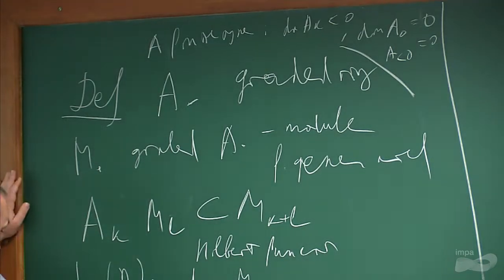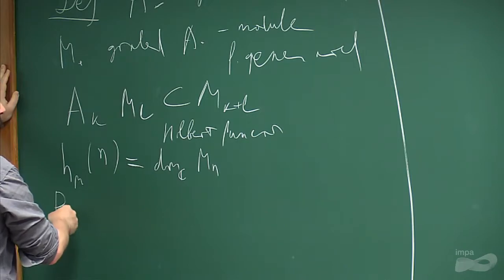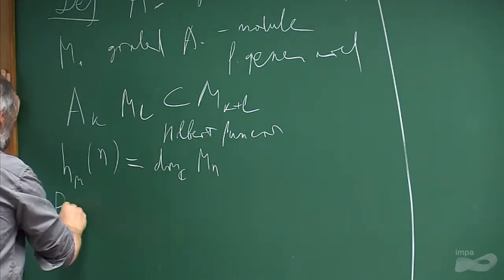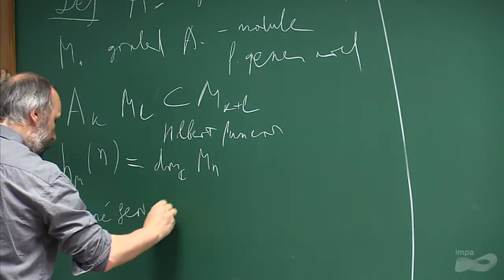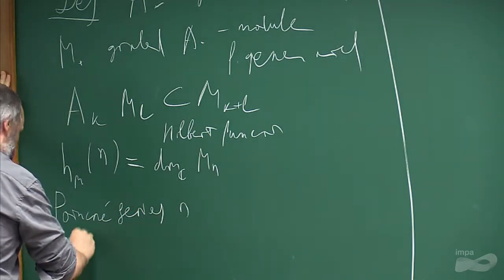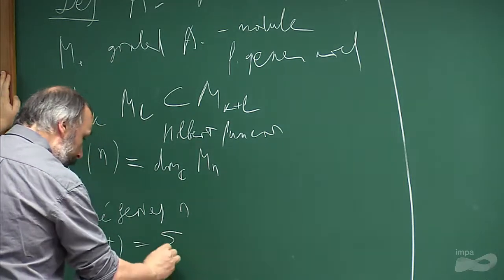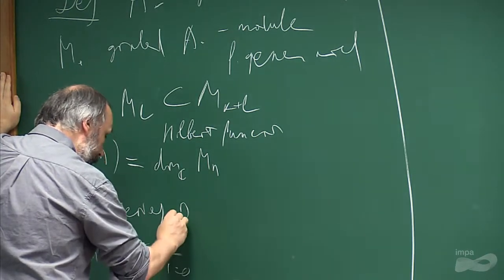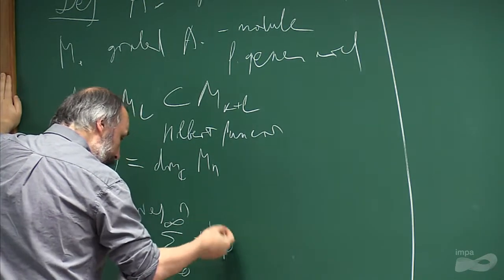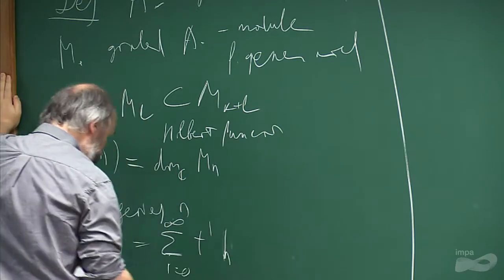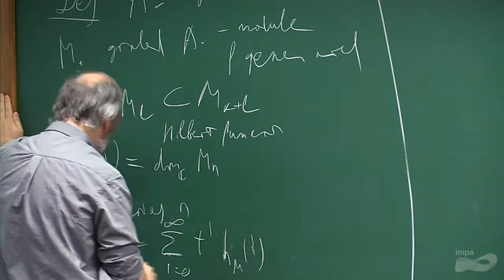Now we define the Poincaré series. So this is the Hilbert function; the Poincaré series is P_M of t, equal to the sum from i equals 0 to infinity of t to the i times H_M of i.